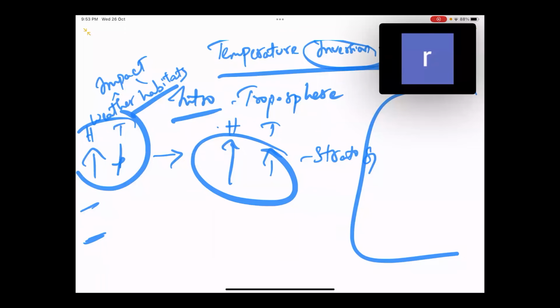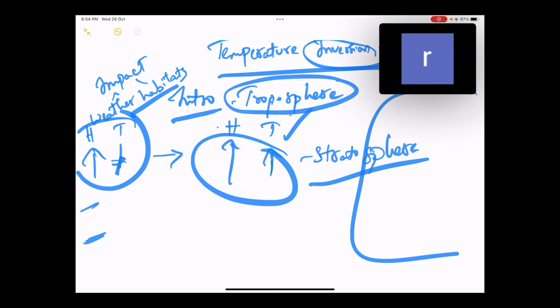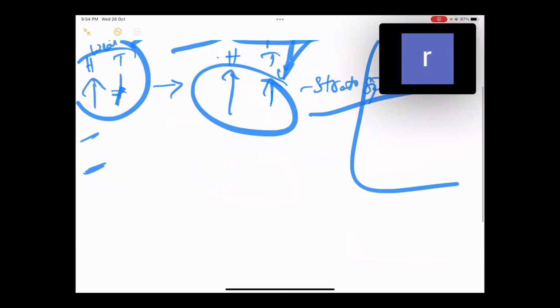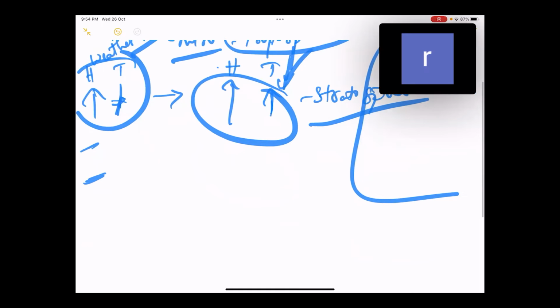Yes, sir. So basically in the troposphere, the standard phenomenon which we experience is that as we go up with the height, the temperature decreases. But in temperature inversion, as we go up with the height, the temperature tends to increase. Generally, this is a phenomenon experienced in the stratosphere, but with temperature inversion, in the troposphere also we experience this kind of phenomenon. So you can draw a standard diagram which everyone will know.